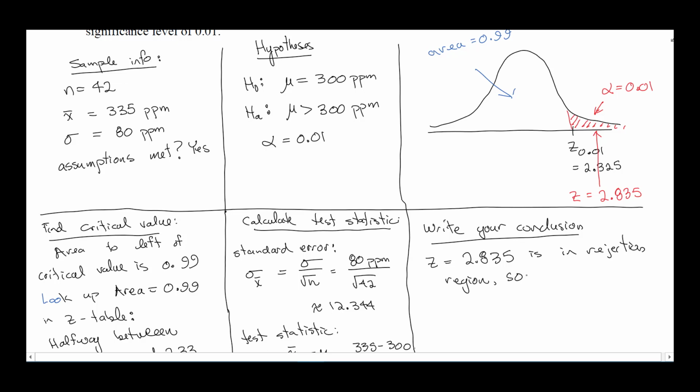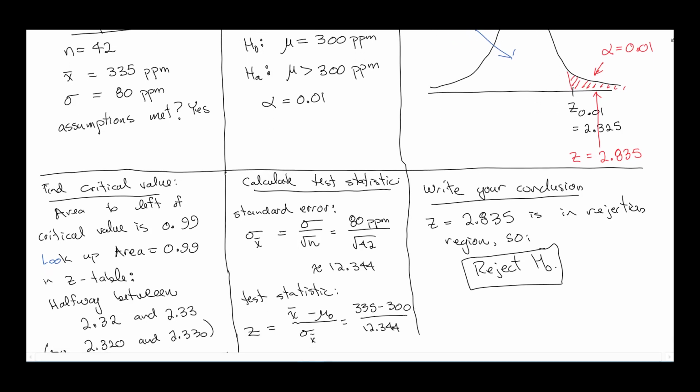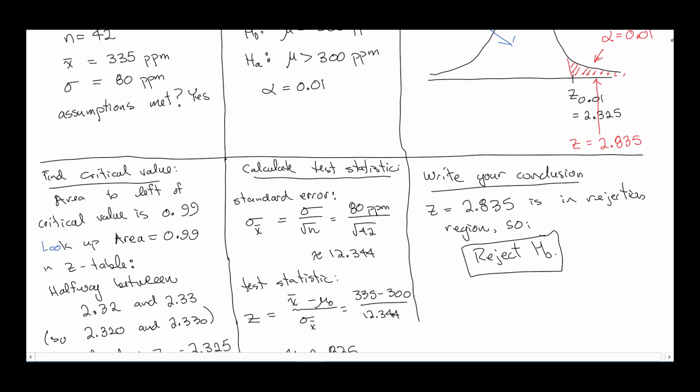And so what we do is we're going to reject H0, which is part of your conclusion, but that's not enough. We should also write down what we mean in words related to the original problem.